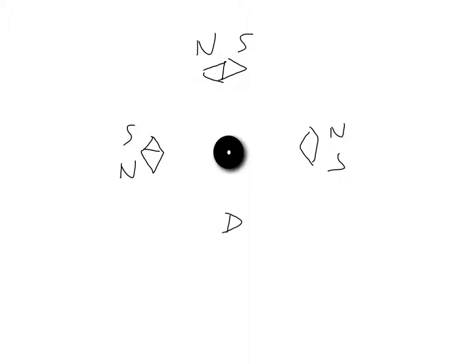So for example, I have a compass here, and it turns out that the north pole will point this way and the south pole will point this way. And if I do it here, then it's going to look like this. So north, south. And hopefully you start to see a pattern, right? It seems as if this thing goes around the wire.